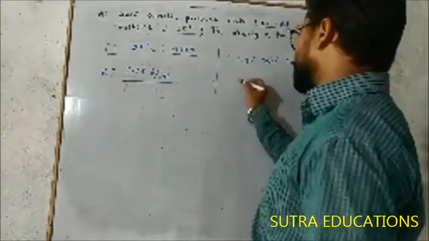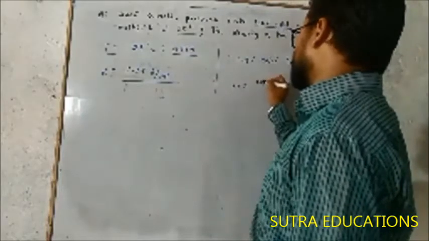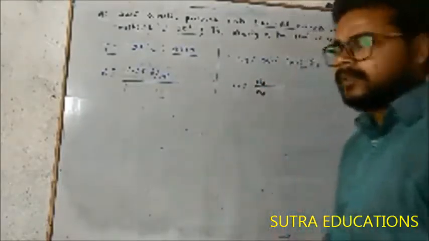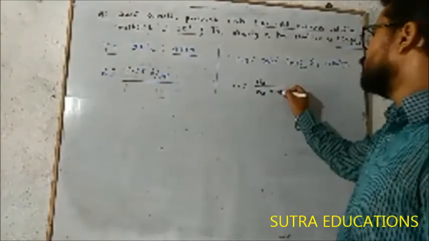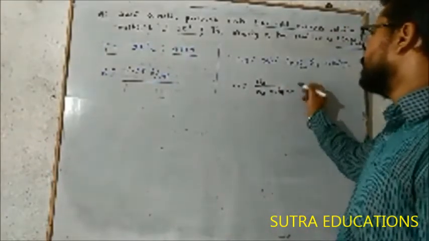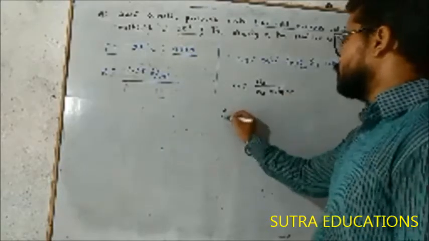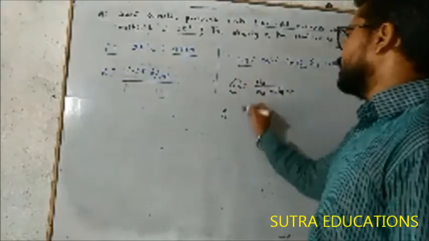So we know molality is equal to WB upon MB into WA in kg, meaning here it is 1 kg. So this molality is given, 1.25.